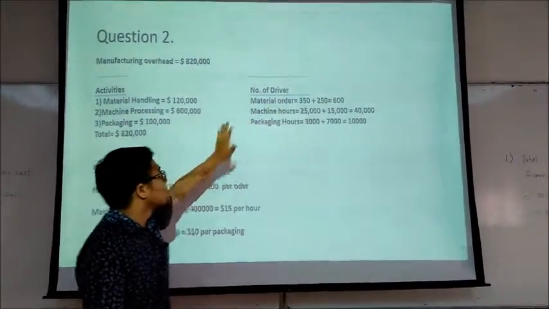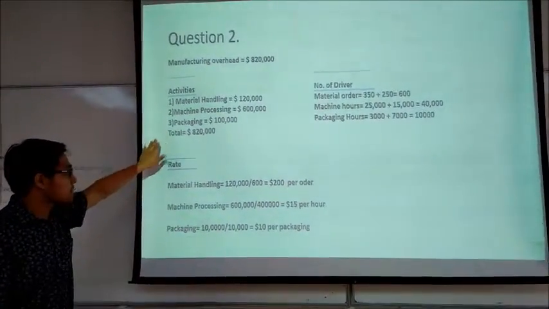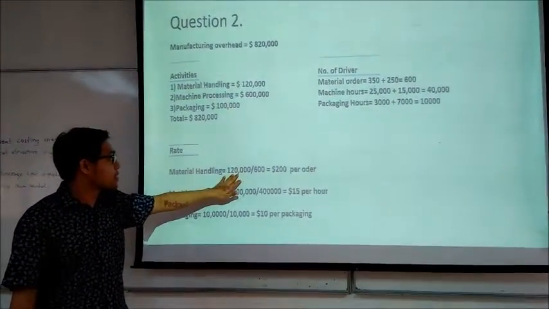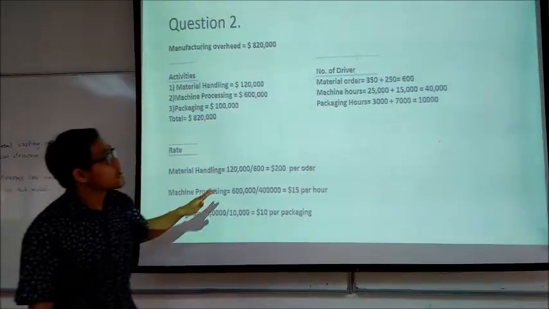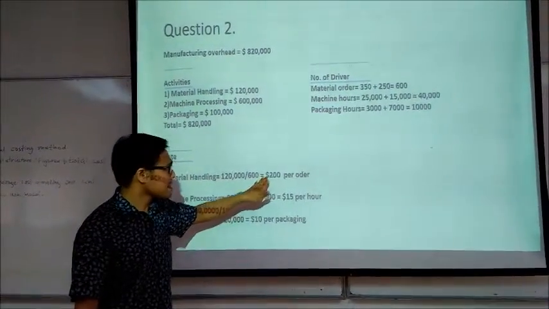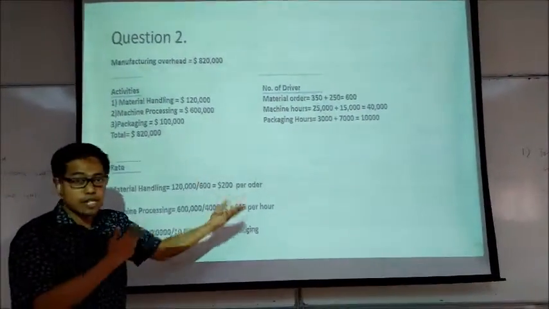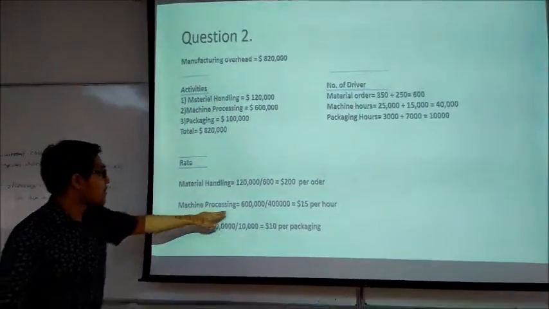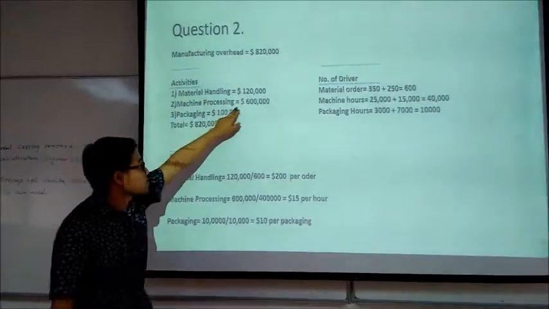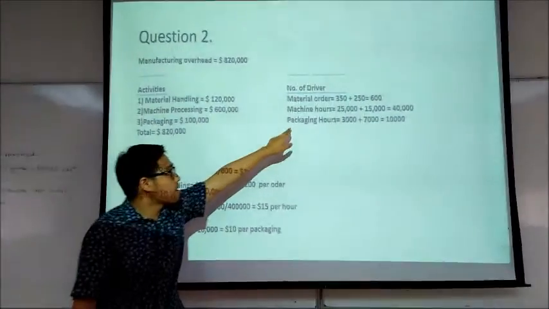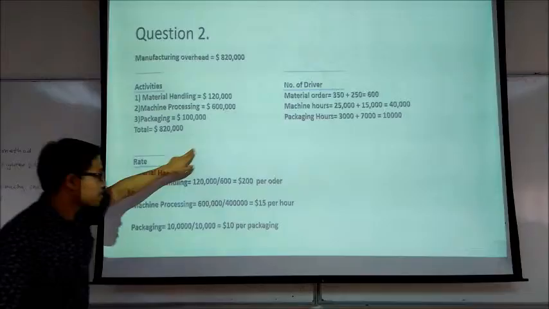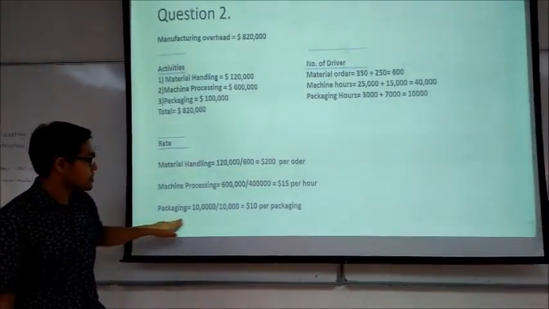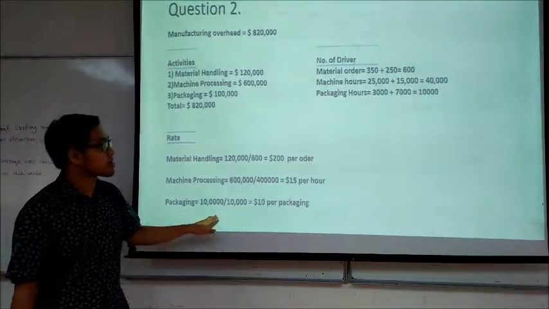Upon calculation, for the rate for material handling, we divide 120,000 as given here by the total drivers for both televisions, which is 200. We do the same, dividing the total cost of each activity by the total driver hours, and we receive $15 per hour. And for packaging, we receive $10 per packaging.